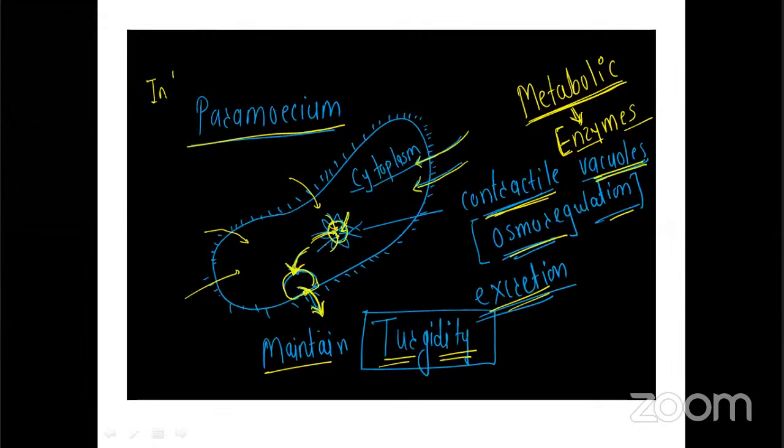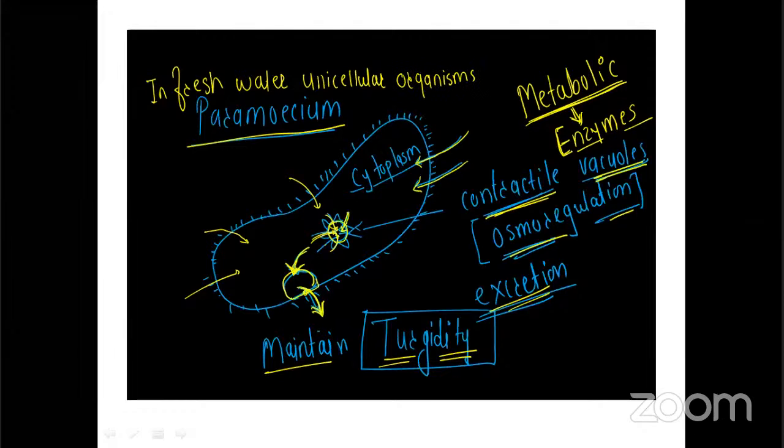Next line. In freshwater unicellular organisms like paramecium, excretion and osmoregulation takes place by, by what?